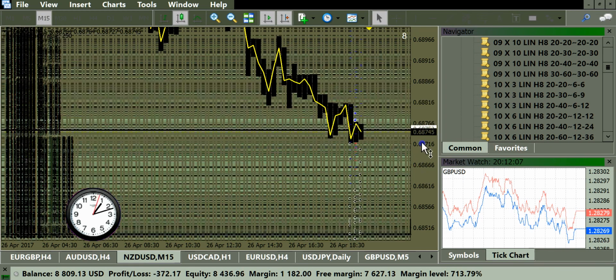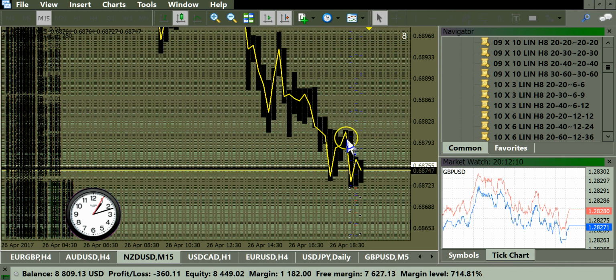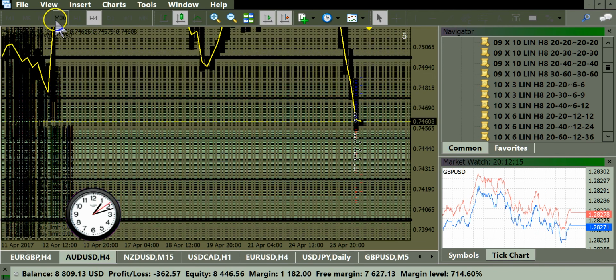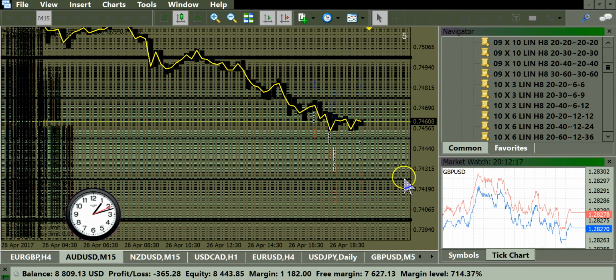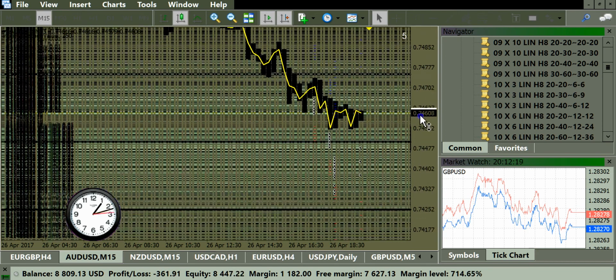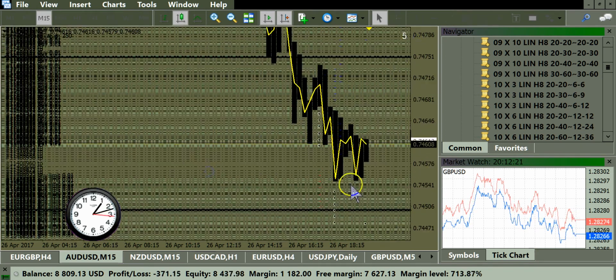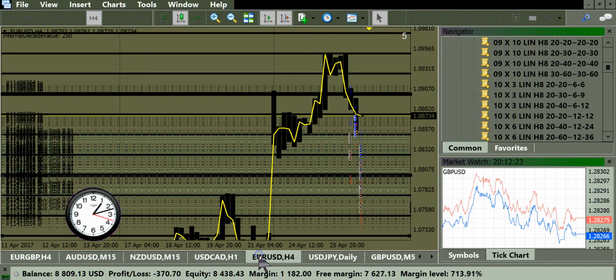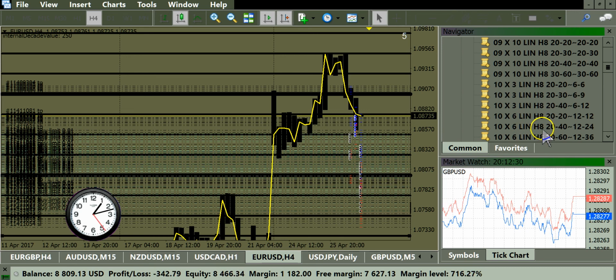If you didn't get out here, because this is like a drift up. I think this was it. Yeah, I think I got out of this one. Here I'm still waiting to get filled. 8 hours, and I go for the 20 pip stop.